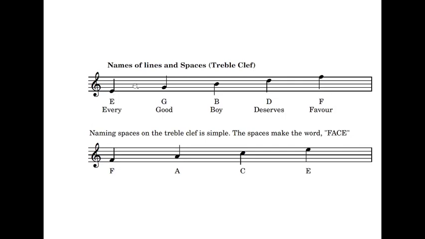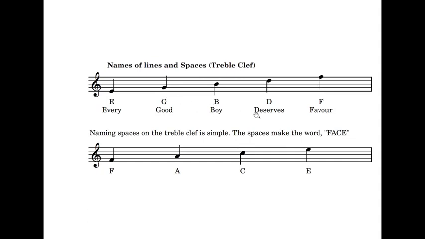So, naming the lines on treble clef, we have two formulas. The first formula says, every good boy deserves favor. We start from down. You write the formula starting from down, not from up. Every, good, that's the second line from down.